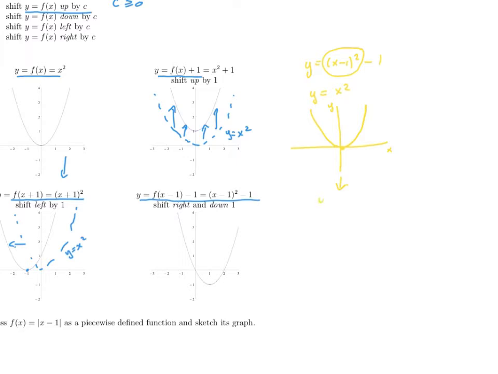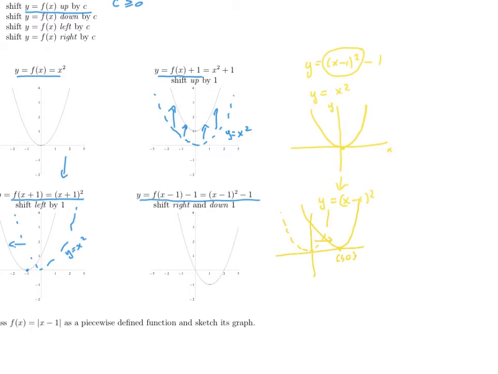So the next thing I'm going to graph is y equals x minus 1 squared, and the graph of that is the old graph of y equals x squared shifted over to the right by 1 unit. So the vertex of the new graph is at the point 1, 0. And that's the graph of y equals x minus 1 squared.